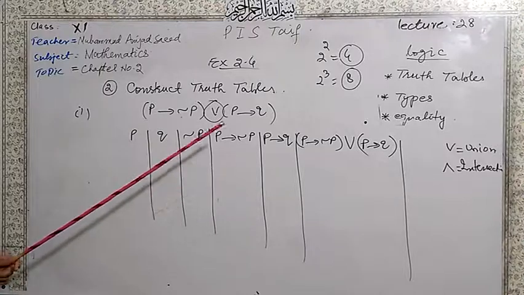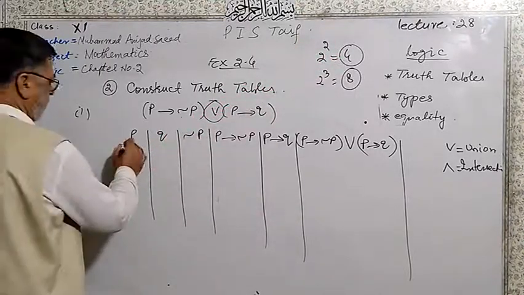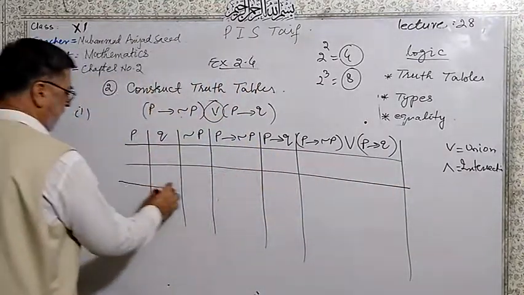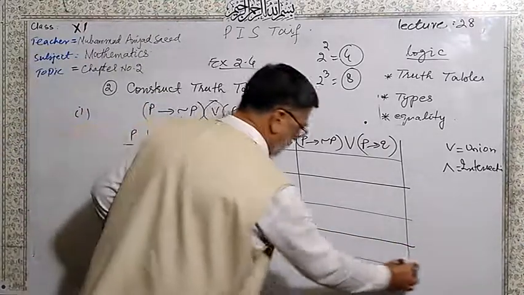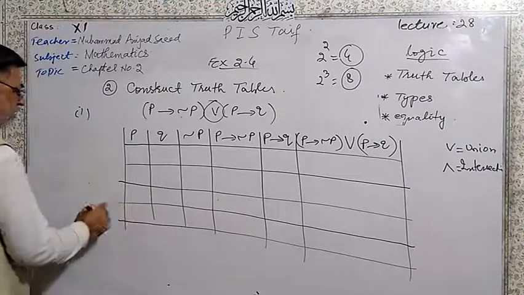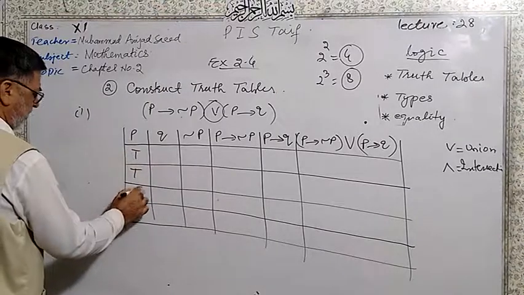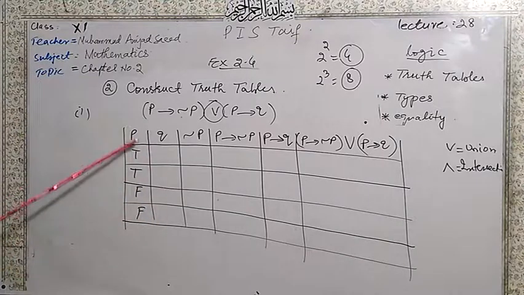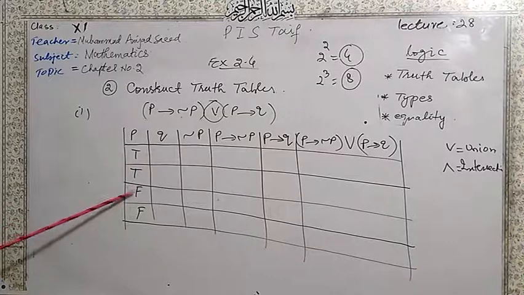I told you there are two possibilities. This is 2 power 2, 4, total 4 possibilities. In case of 4 possibilities, for the first logic, 50% true and 50% false. There are total 4: 2 times true and 2 times false.